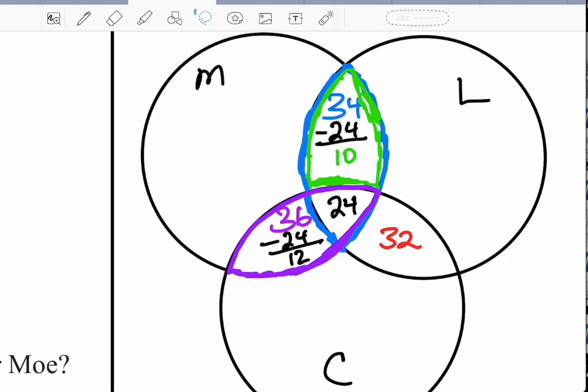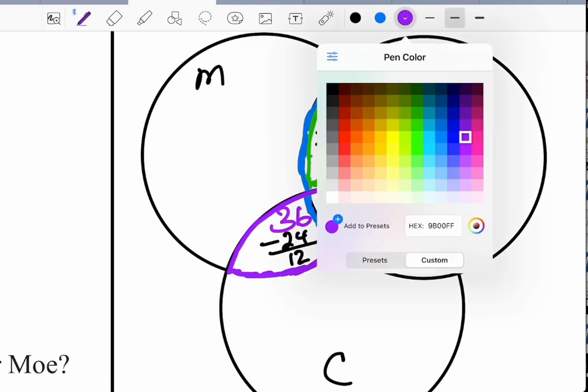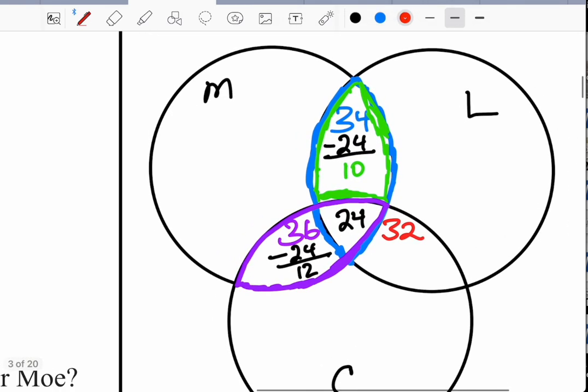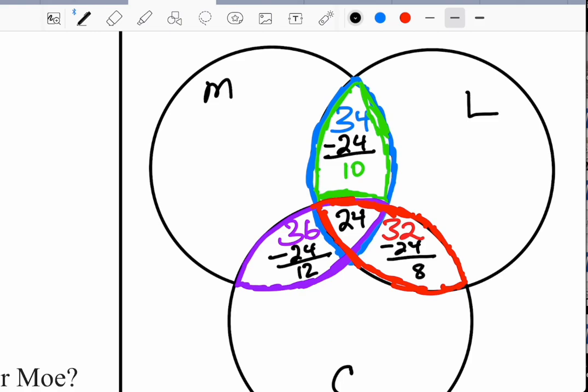Then the 32, again, that applies to the entire wedge. So all of this, all right, so from there I knock off 24 and I'm left with 8 individuals.